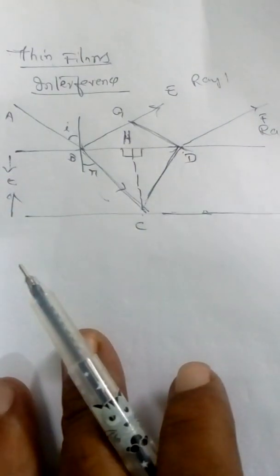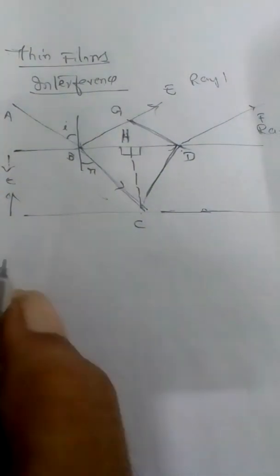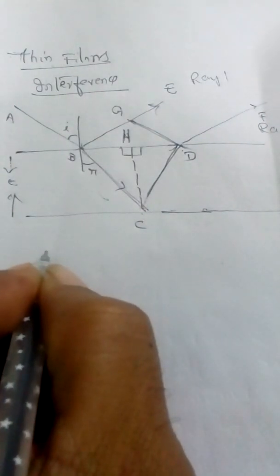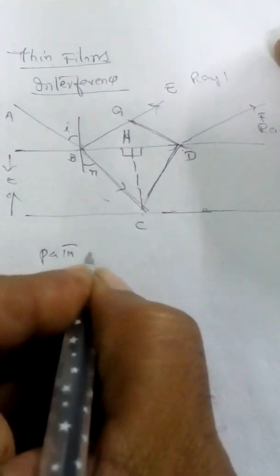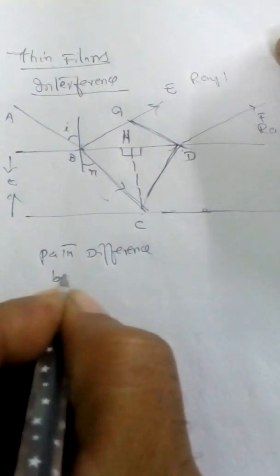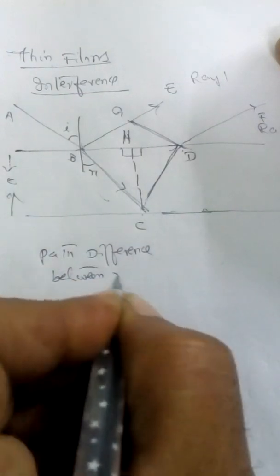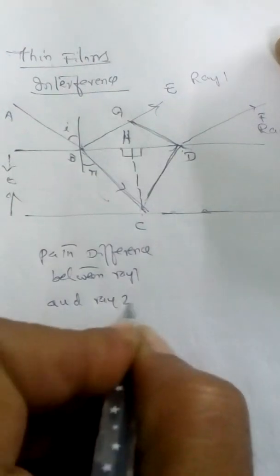Okay. Now see the mathematical approach. Now I am trying to find the path difference between ray 1 and ray 2.